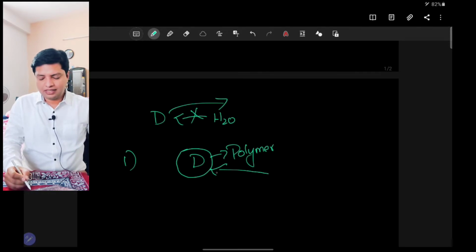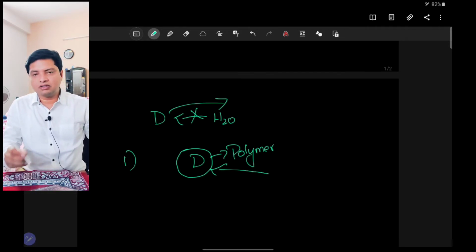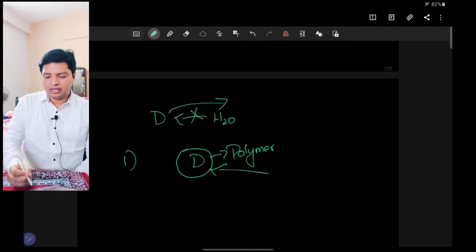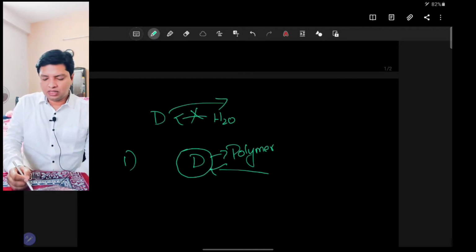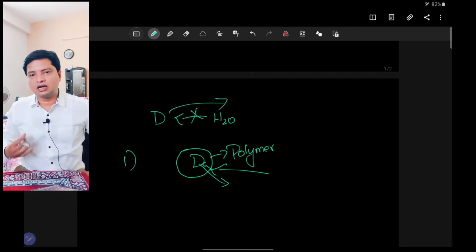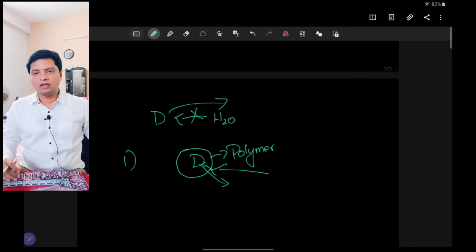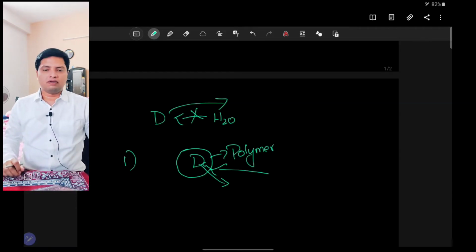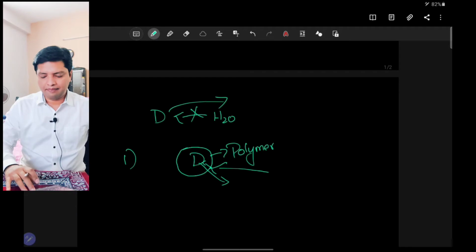Water will go and attack this polymer. The polymer is dissolving slowly. The dissolution of the polymer is being controlled here. The polymer will dissolve slowly, and slowly the water will enter and take the drug out in a slow fashion, or you can say in a controlled fashion. If we can control the dissolution of that polymer, we can prepare a dissolution controlled delivery system. This is one type.